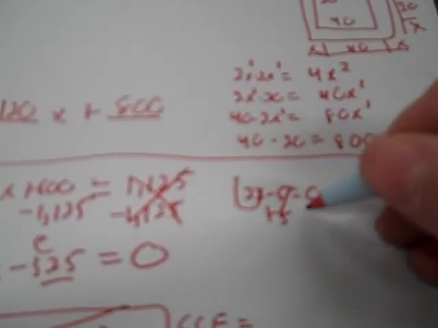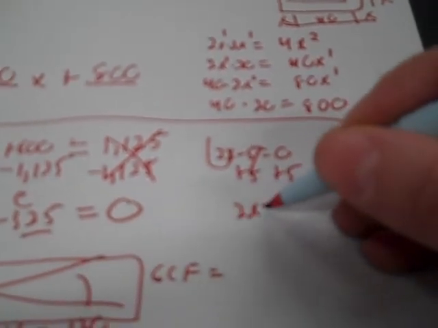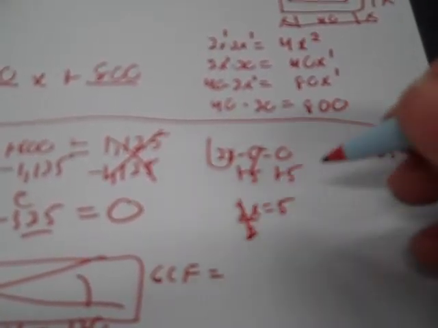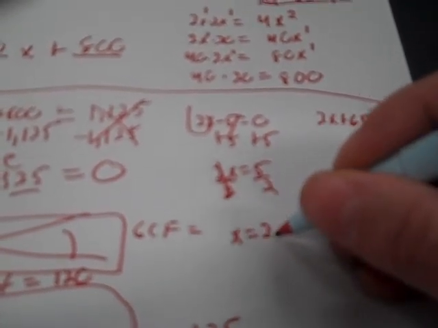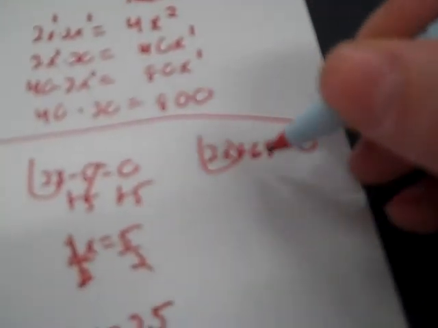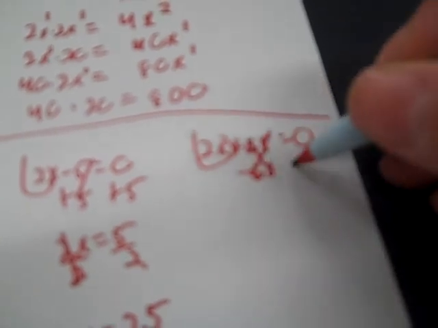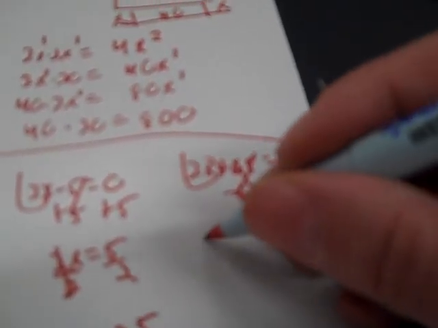So I add 5 to both sides. 2x equals 5. Divide by 2. 5 divided by 2 is 2.5. Okay, so that'll work for an answer. And then here, minus 65, minus 65. So 2 times x equals negative 65.